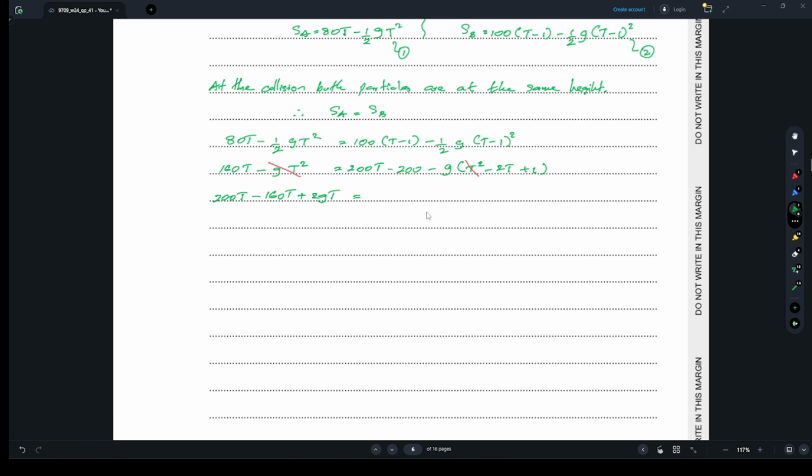And equals the other side. We should bring all the constant values, so minus 200 goes to the other side, so it's plus 200, and then we have minus g, which goes to the other side as plus g. So here we have 40t plus, here g is 10, so 20t equals, here g is 10, so 210.